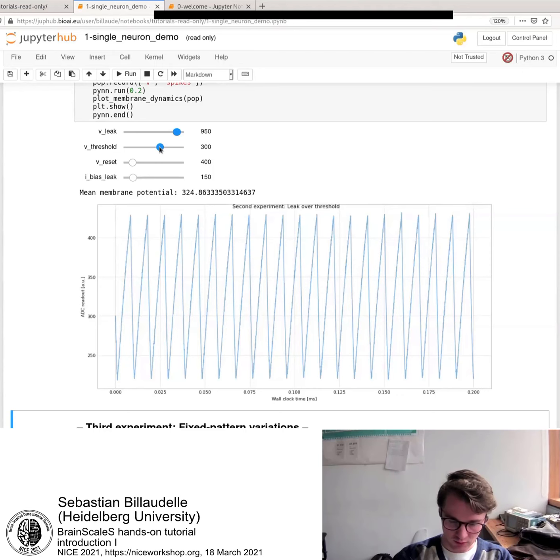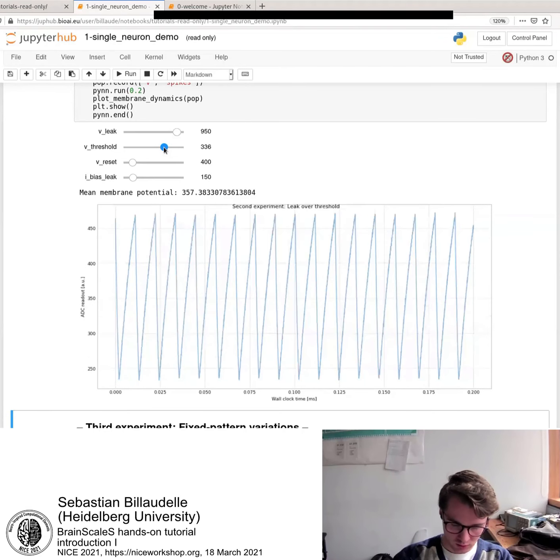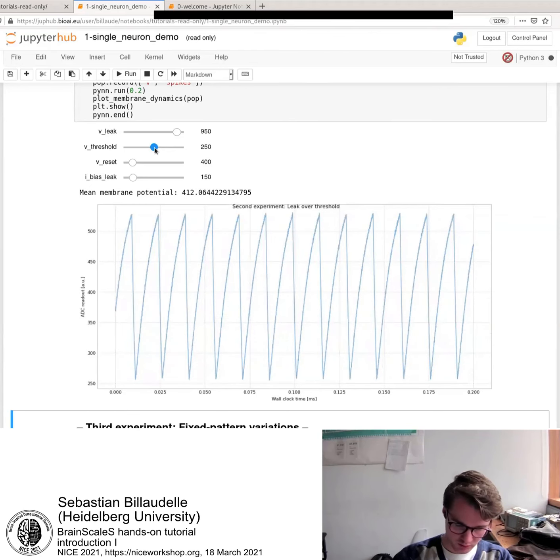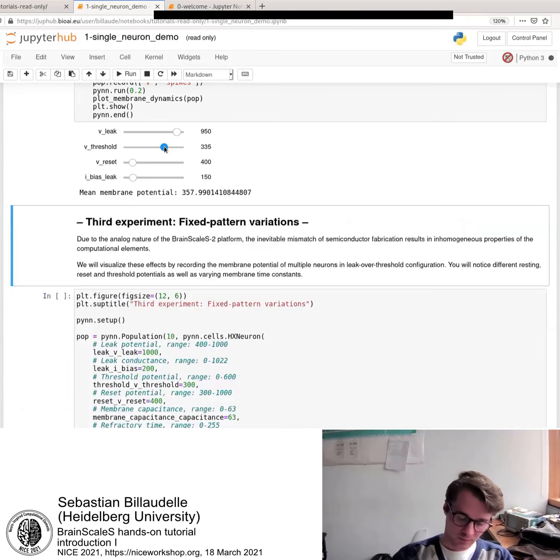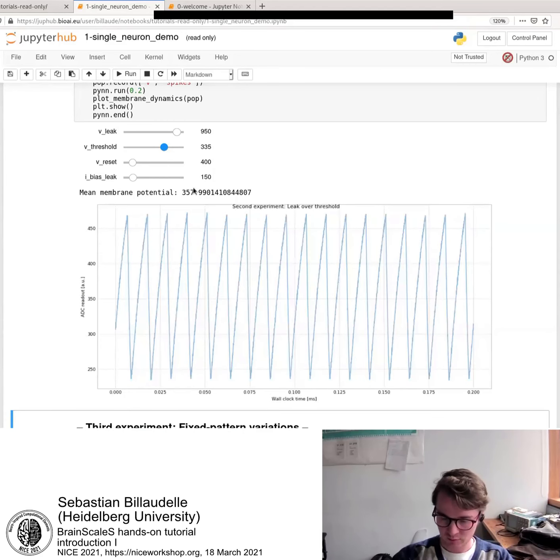We can tweak all of that here. For example, we can shift the threshold, and you see that the upper bound of these traces will simply shift. Now it's at 375. If I increase the threshold, it's at 450. Please note that these numbers you see here don't necessarily have to be on the same scale.